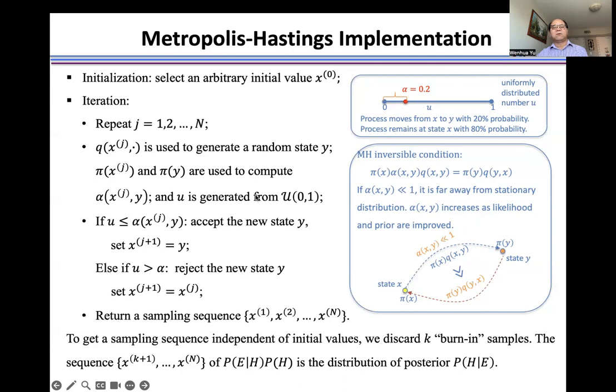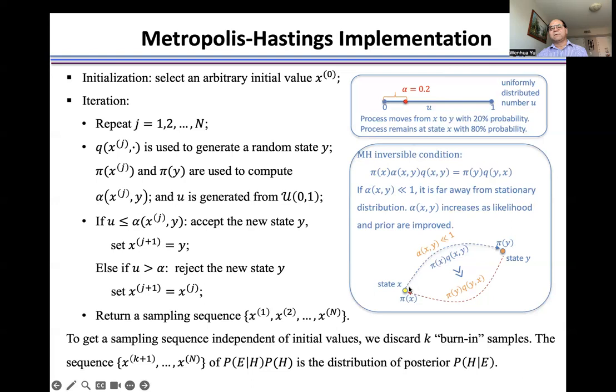And then from the uniform distribution U, generate a random number u. If this alpha, for example, is 0.2, that means we only have a 20% probability to use this new state Y as the next state.